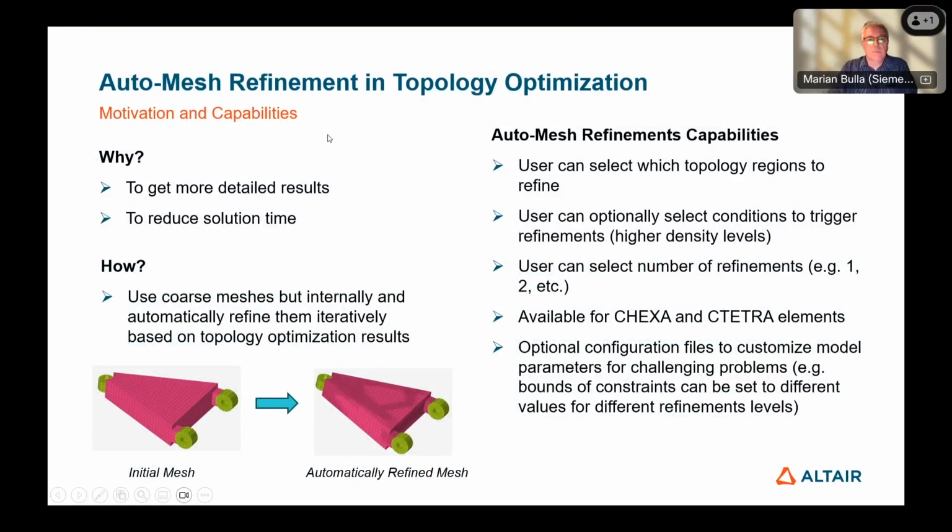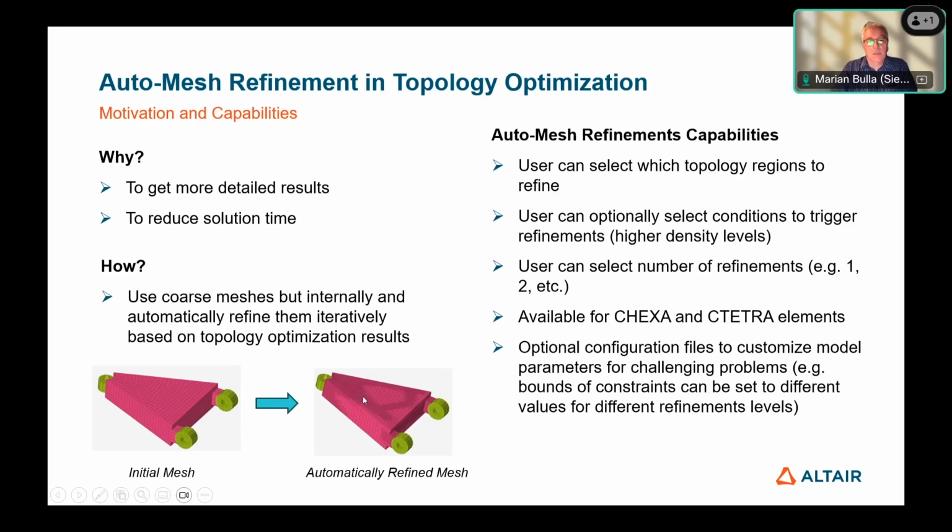This is the motivation for having this technology now: to get more detailed results and to reduce the solution time. It sits somewhere between the coarse mesh, which you can see, the initial mesh, and a fine mesh, which would take a very, very long time for the entire optimization.